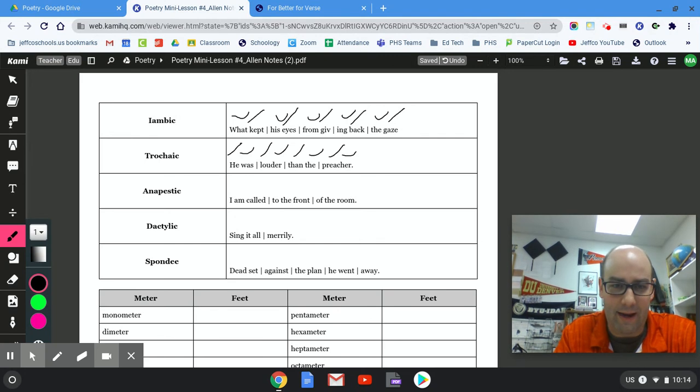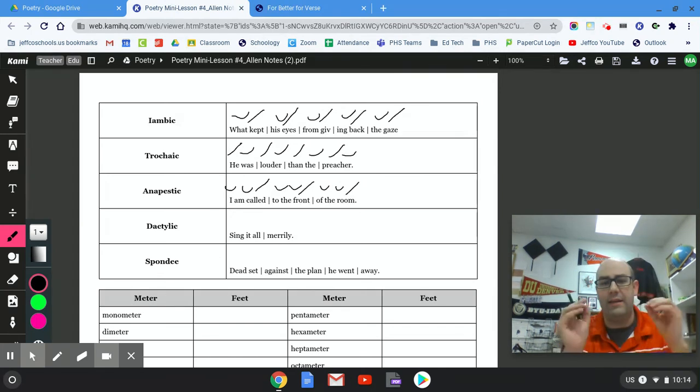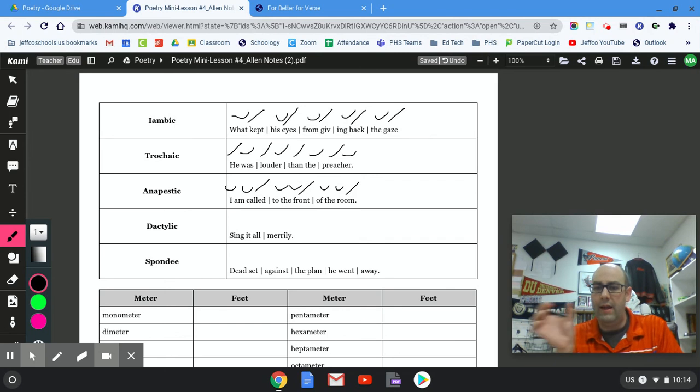So then we have an anapestic line. And remember, anapests are 3-syllable feet. So I am called to the front of the room. So we have I am called to the front of the room. You can see that in each of those feet, right, we have multiple words, but the last word in each of the feet is getting the emphasis.